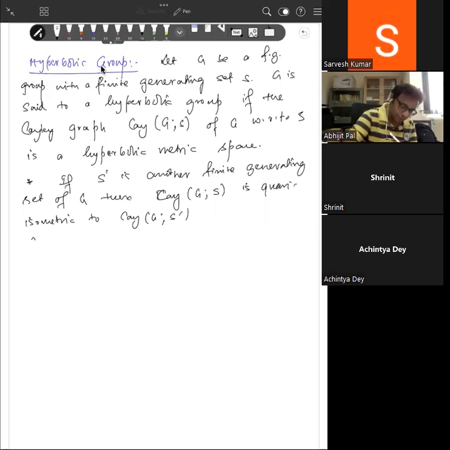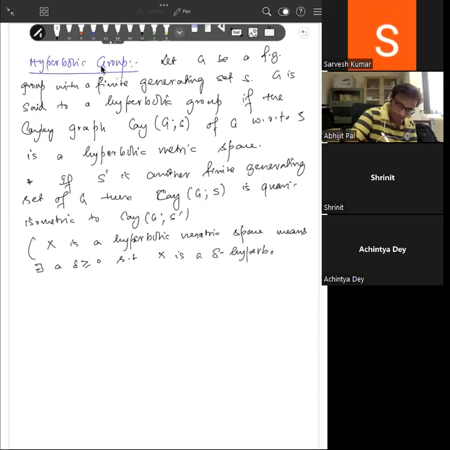Also note that when I say X is a hyperbolic metric space, it means there exists a delta greater than or equal to 0 such that X is a delta hyperbolic metric space. Is it okay?